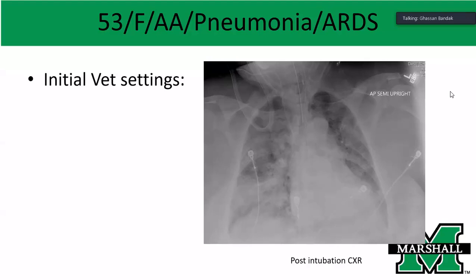Okay, good. So you wanted to start volume control CMV, so VC-CMV. You wanted to have a tidal volume of 450 based on the patient's body, you said, right? So usually we go by patient's height, not patient body habitus. I don't know if that's what you meant or not.